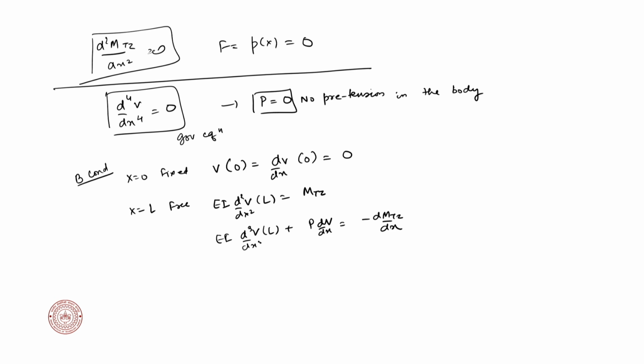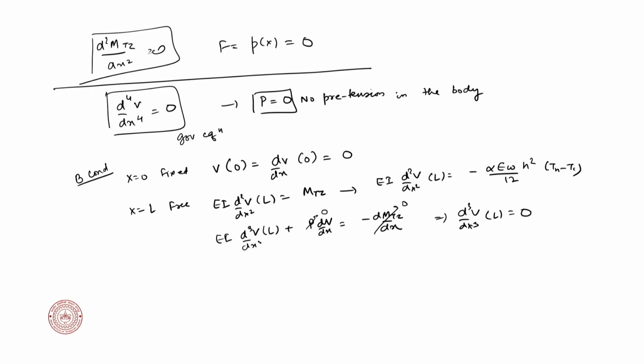In this boundary condition, we can see that the p term is 0 and the MTz term is 0. So we can say that d cubed v by dx cubed of L is equal to 0. For MTz we do have a value, so we will need to find that out. With this, we can write EI d squared v by dx squared of L equals plus alpha EW h squared by 12 times TH minus TC.